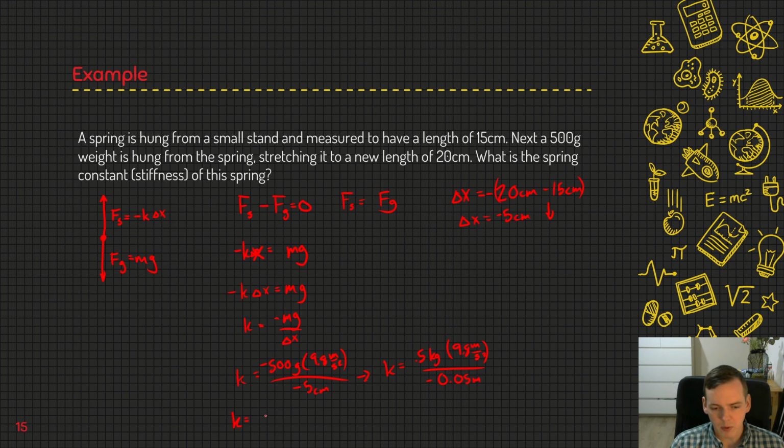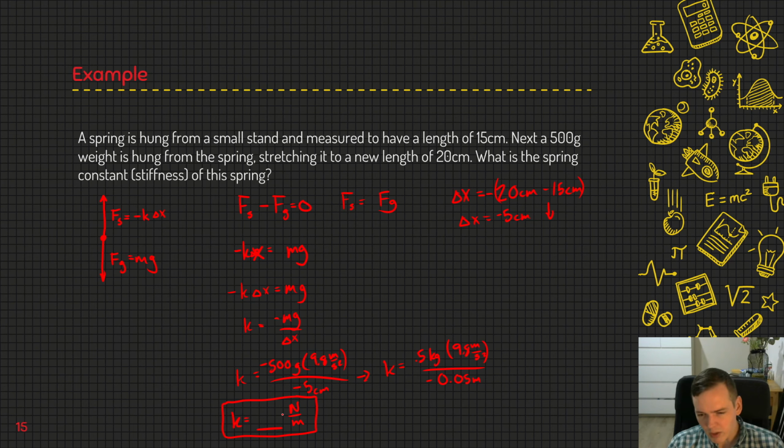Work all of that through and you'll get some answer, and then the units we use for spring constant is newtons per meter. Because we want to think about it like how many newtons is required to stretch this spring by 1 meter. And so that's why we write those values.